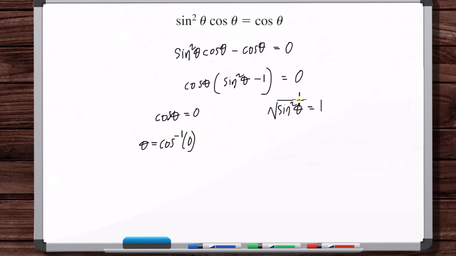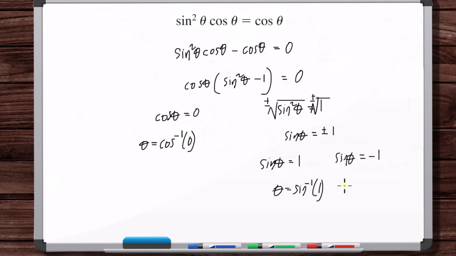Now here we've got sine theta is plus or minus 1. So sine theta is equal to 1, or sine theta is equal to minus 1.